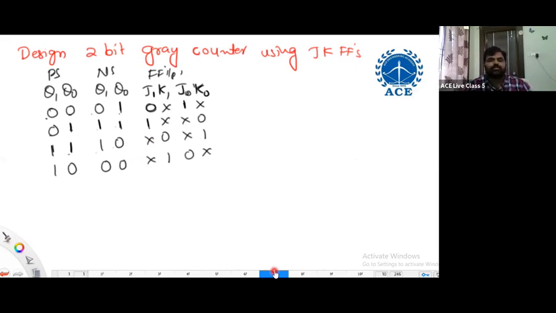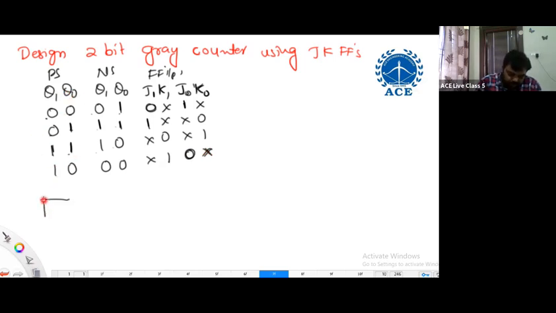Then find expression for J1, K1, J0, K0 in terms of Q1, Q0.